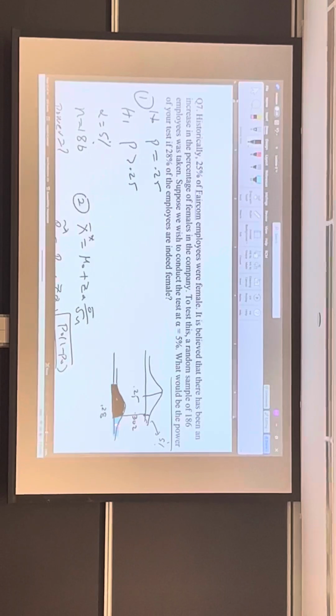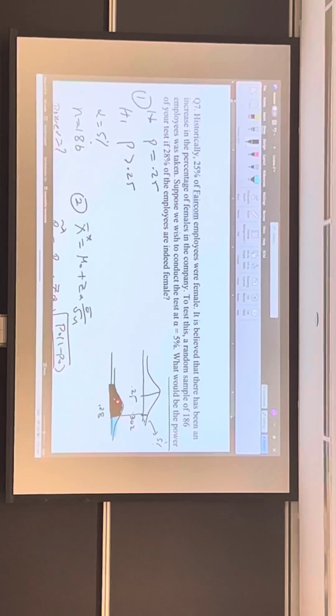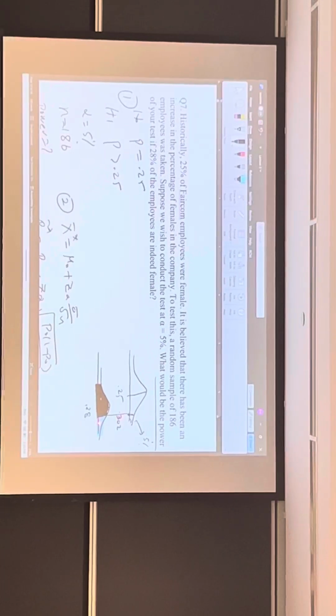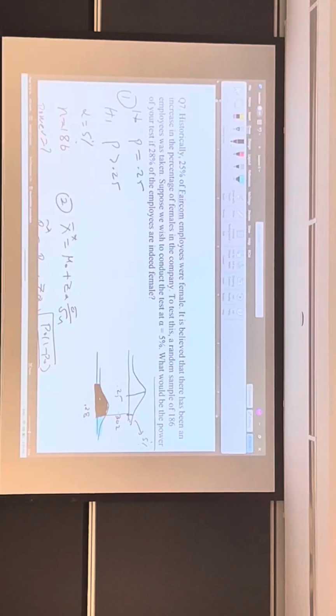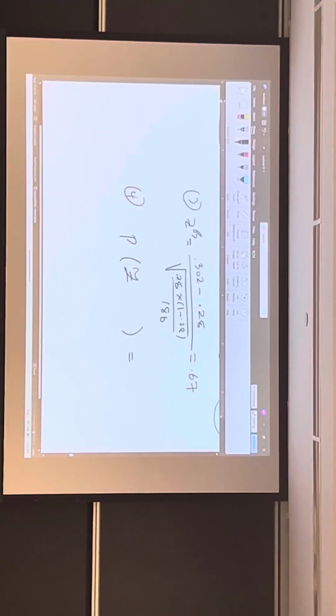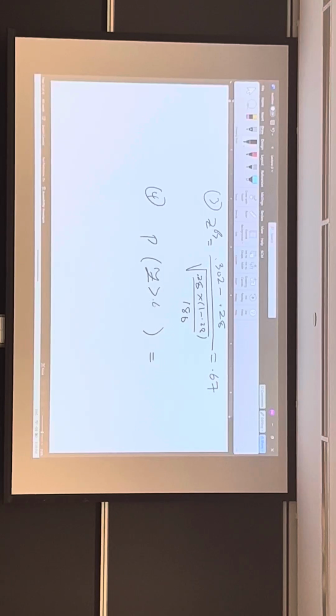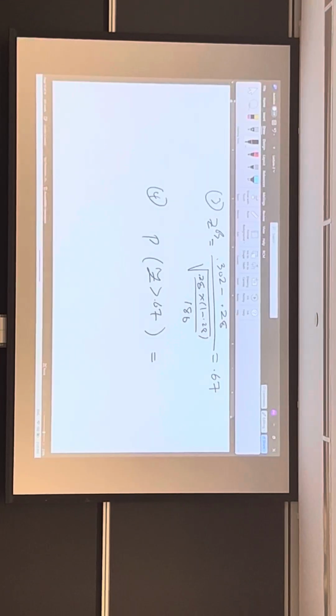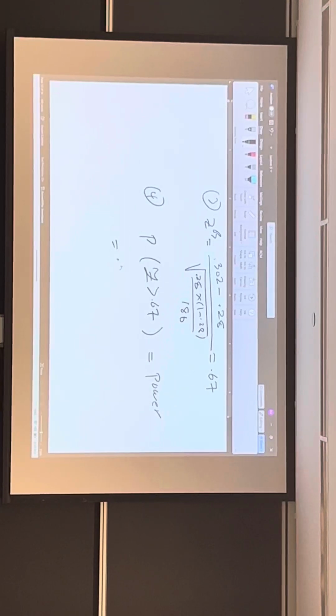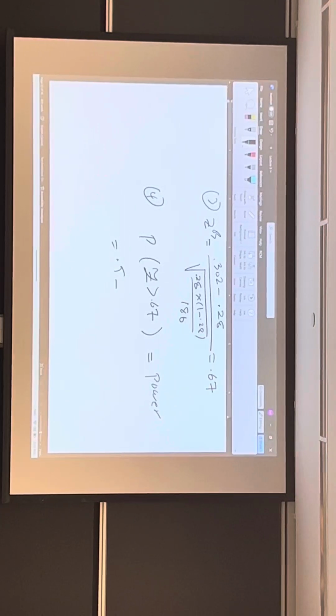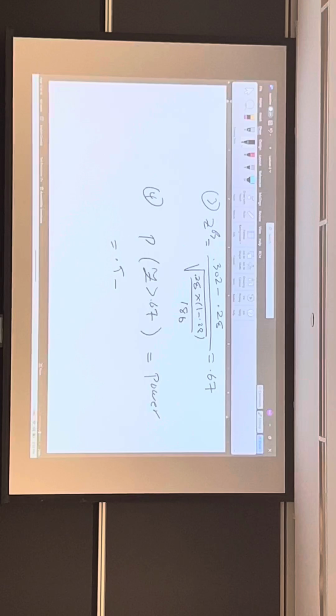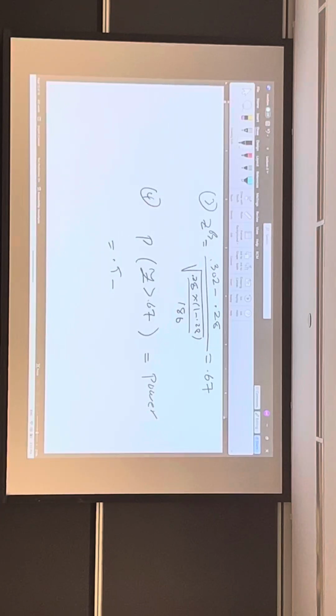Opposite, this is the power. That's the beta, right? So the power will be probability Z is more than what you found. That's the power. Which should be 0.5 minus whatever you get from the table, because Z is positive. I want to find a probability more. I subtract from 0.5. Right?